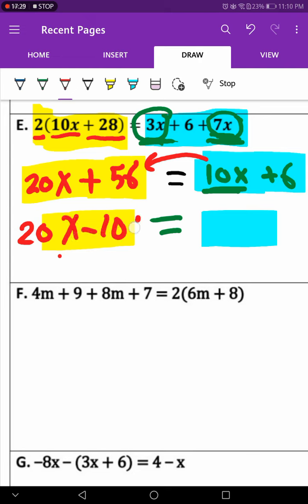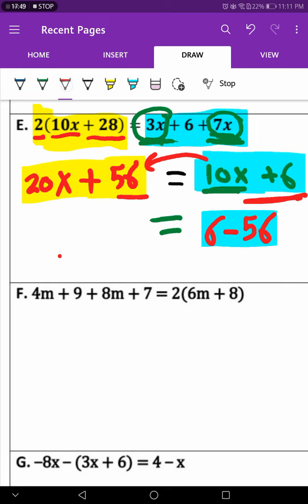Negative 10x. And the 56 I will throw it beside the 6 here, so it will be 6 minus 56, negative 56. So 20x minus 10x equals 10x, and 6 minus 56 will be negative 50.